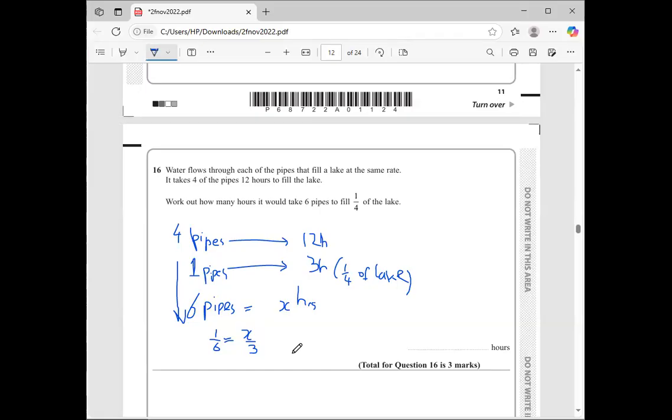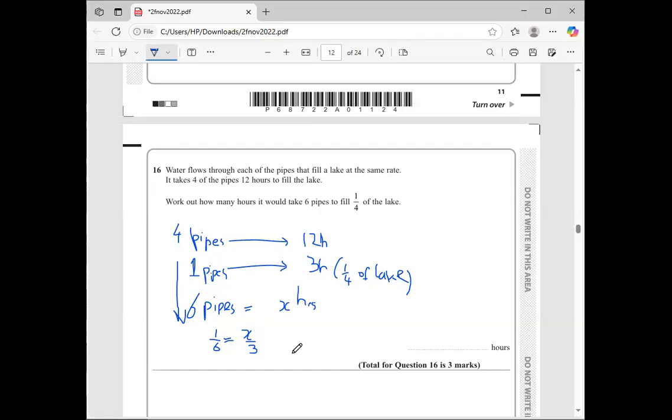He uses 4 of the pipes, and it takes 4 of the pipes 12 hours to fill up the lake. Then the second question is asking in terms of 1/4 of the lake. Okay, so that's it.